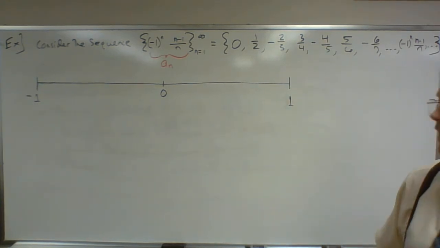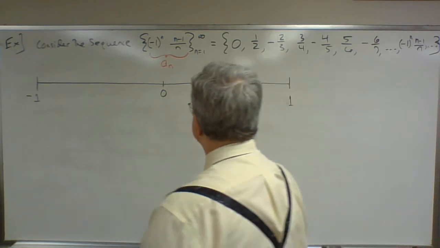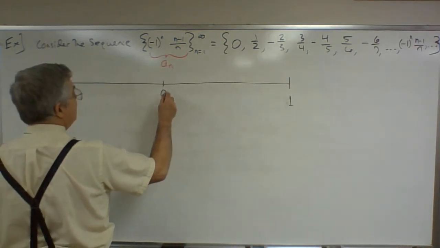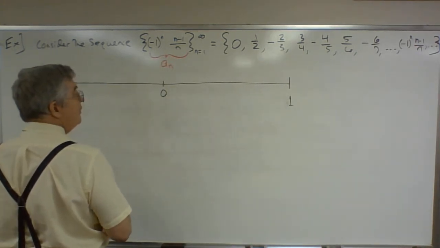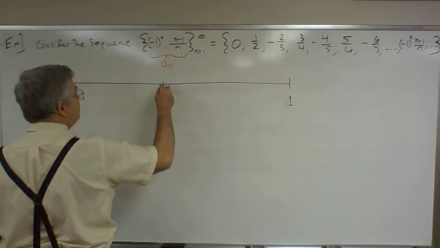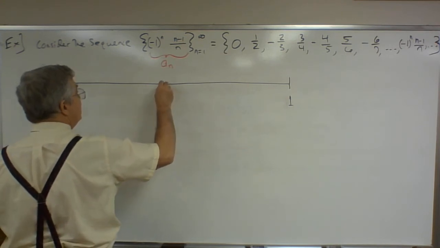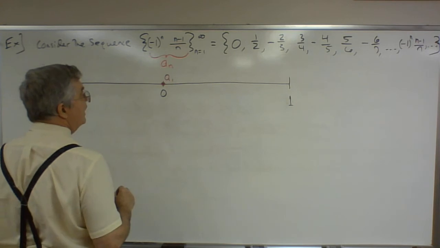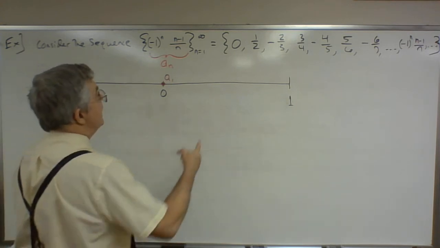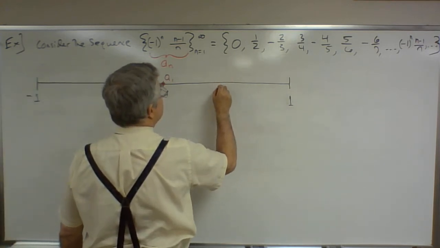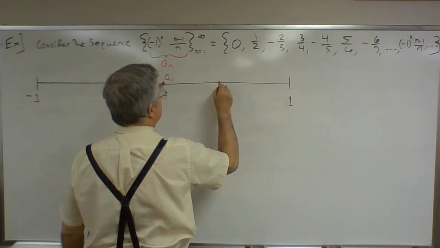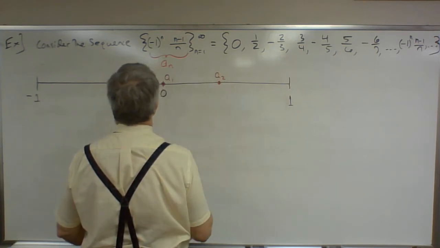And let's draw these things on the graph down here on the x-axis. Right here, this is a sub 1. A sub 2 is 1/2. So a sub 2.